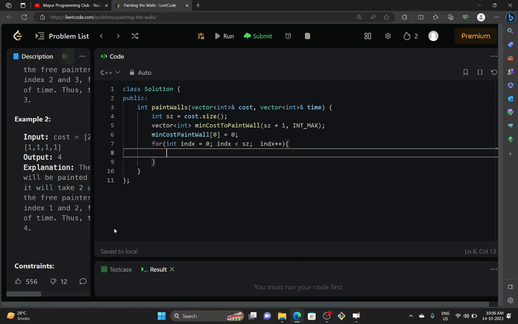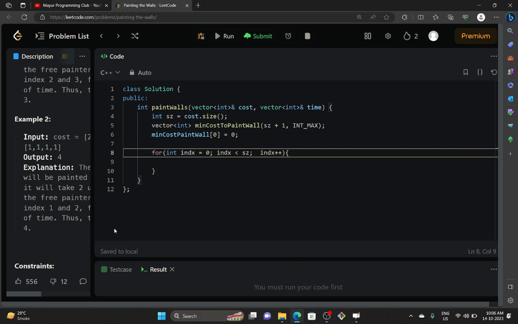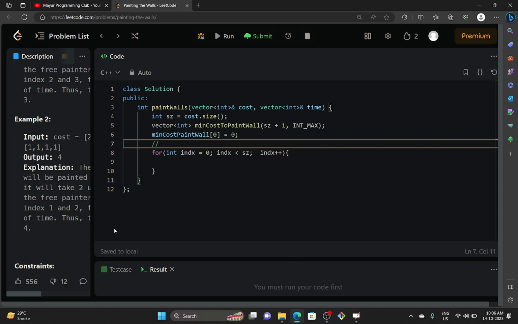And for each value, we'll consider whether the paid painter can take this wall or not.